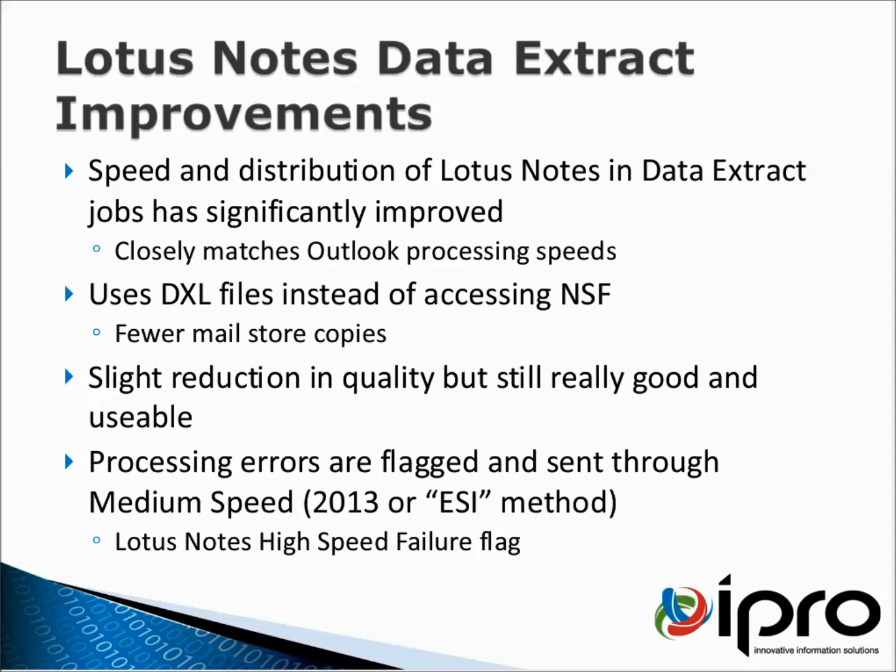We've changed the logic to access DXL files directly and not NSF stores for the text, the meta, and MHT creation, which allows fewer mail store copies. There is a slight quality reduction that I'll show in a moment, and really the differences involve line breaking and some slight formatting differences, but overall an excellent representation of that Lotus Notes email.